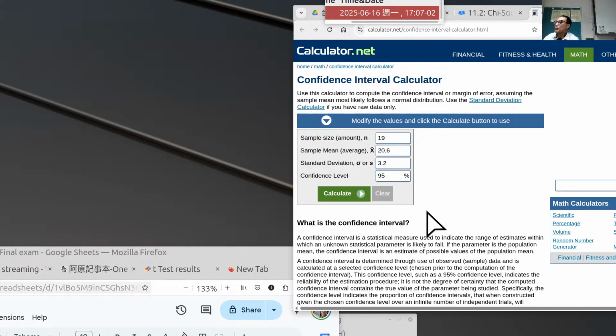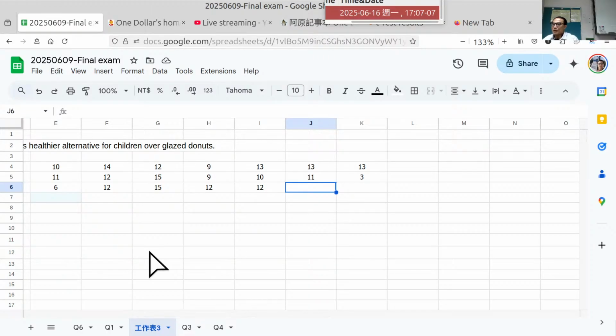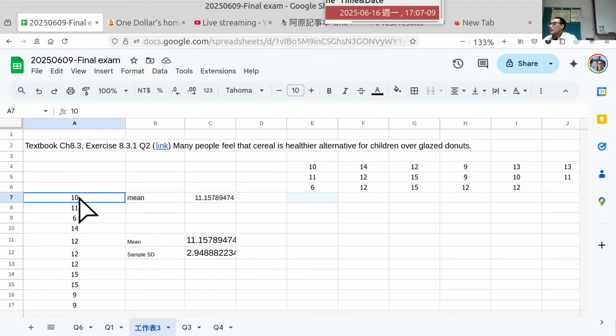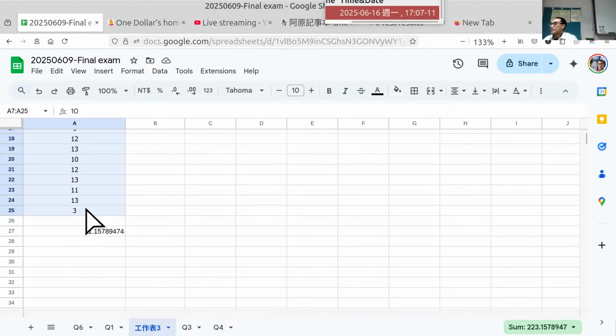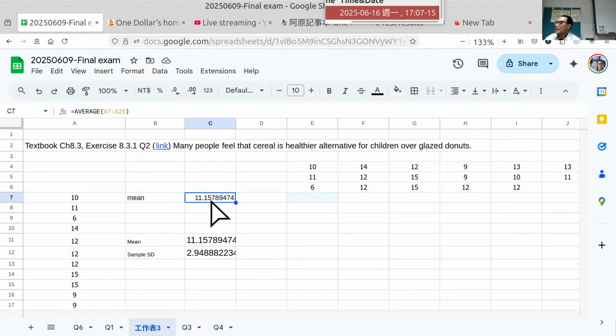Okay, and the second question, how about the sample mean? We can use this. I transferred that information into this one. The sample mean is 11.15. You can type it as 11.16.